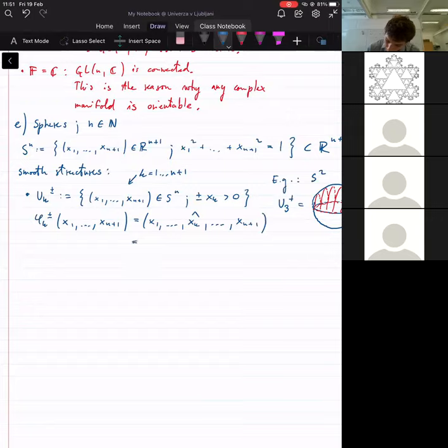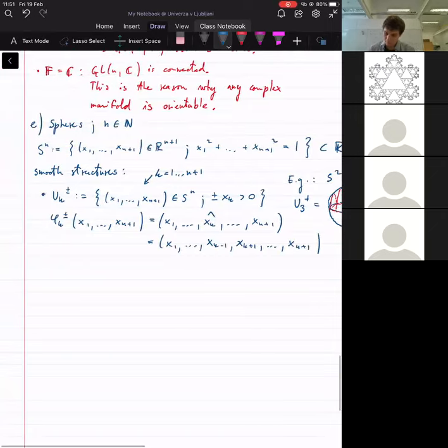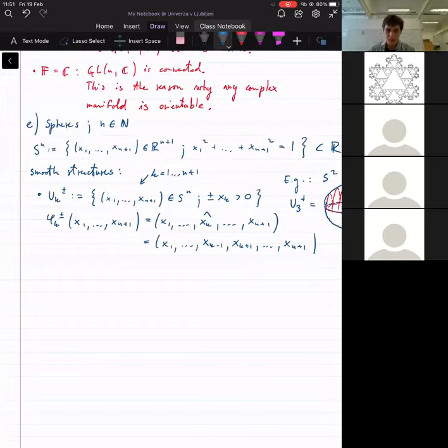What we mean by this is x1 up to x_(k-1), x_(k+1), and so on. So we are leaving the kth component out, right? So now phi_k^± is a map from U_k^±.